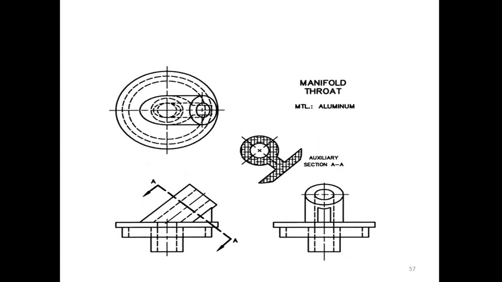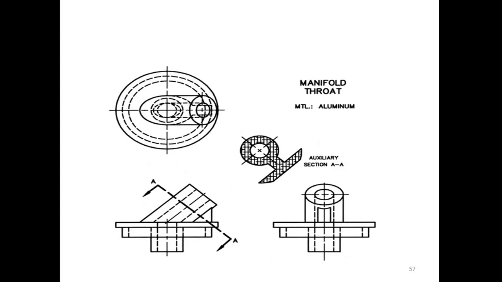For understanding the drawing, section A is there and the auxiliary section A is drawn as shown in the figure. From this auxiliary section, the geometry of the cylinder is clear.